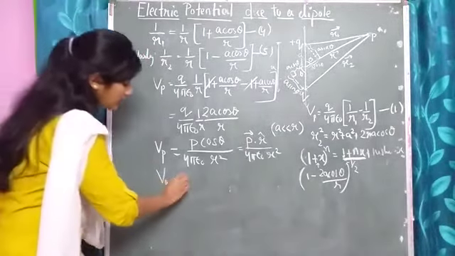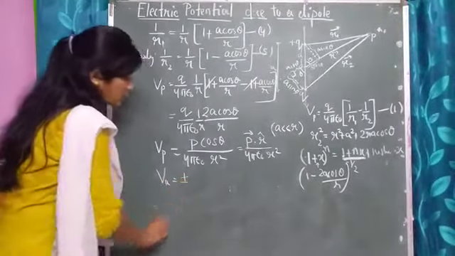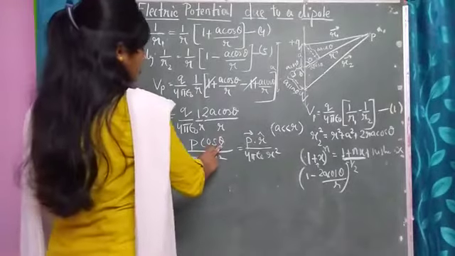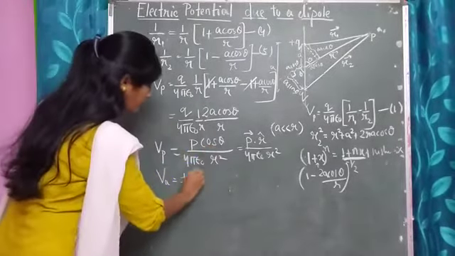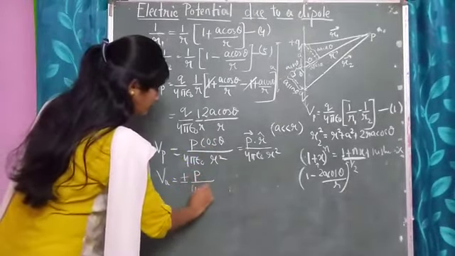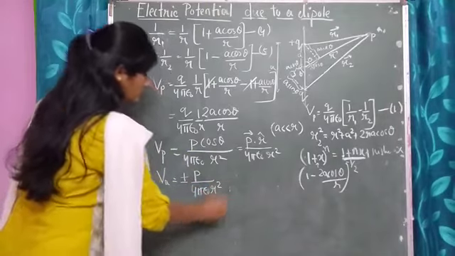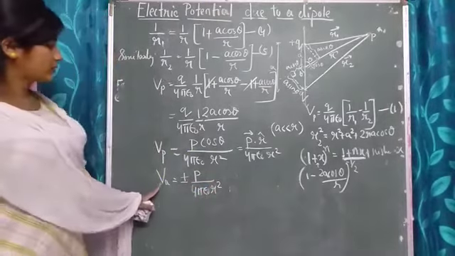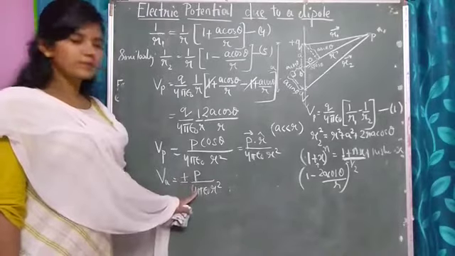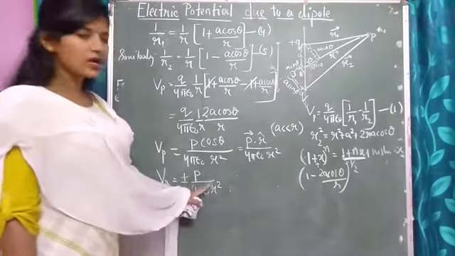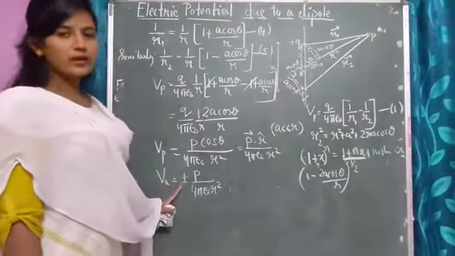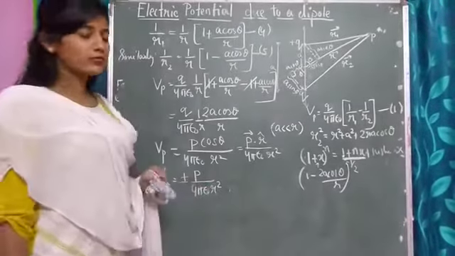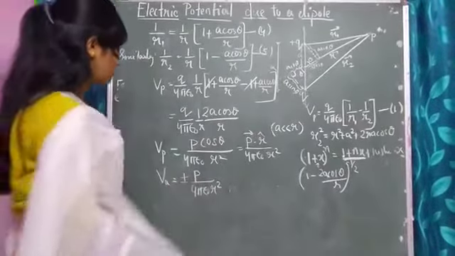So for axial we can write plus or minus, cos 0 is our 1. So P by 4 pi epsilon naught r square for theta 0 is plus P by 4 pi epsilon naught r square, and for theta 180 I will write minus P by 4 pi epsilon naught r square.